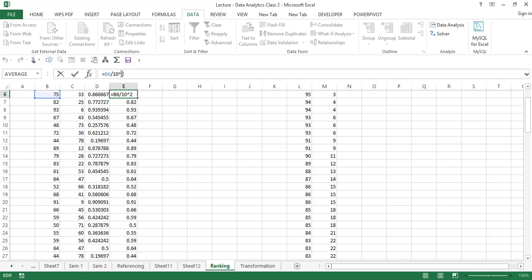For example, in this case, if I had chosen 1 here, what would have been the result?